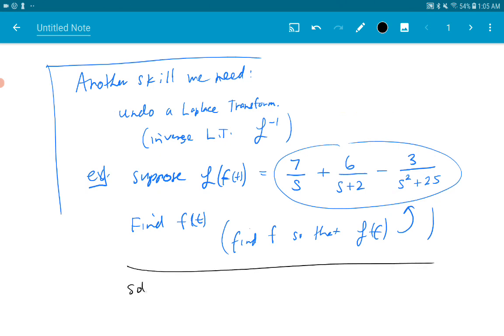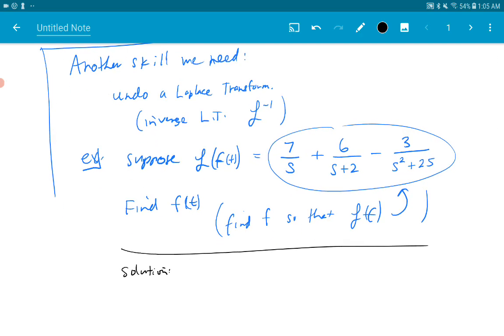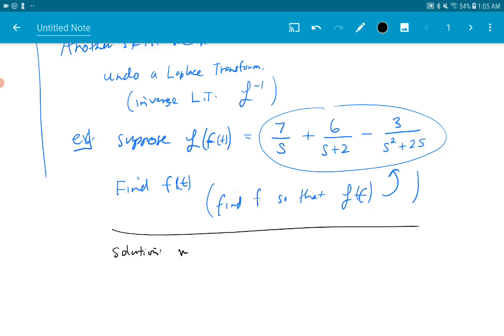So, solution. Well, the nice thing is that just like the original Laplace transform splits up over addition, so does the inverse. So we have to invert 7 over s, 6 over s plus 2, and 3 over s squared plus 25. We can just work on each of those separately and then add them together, or subtract them in the case of the last one.